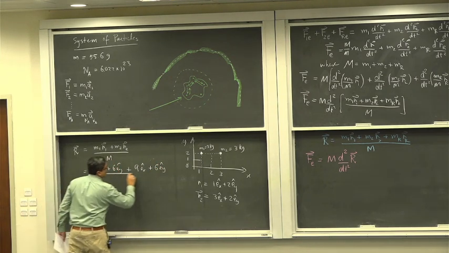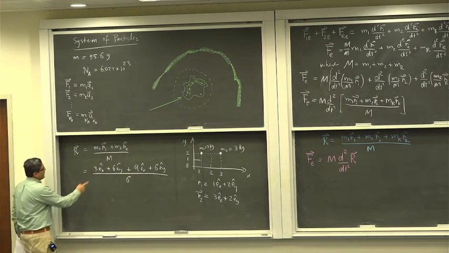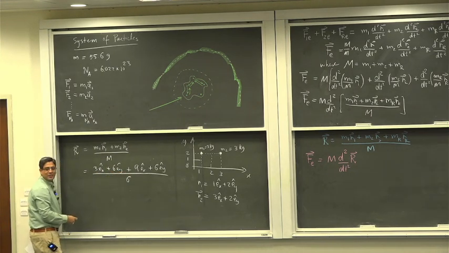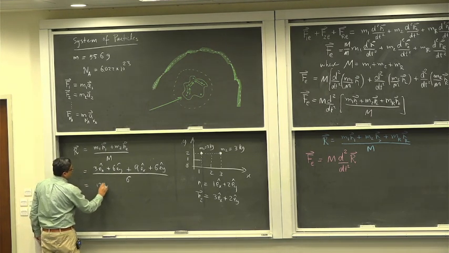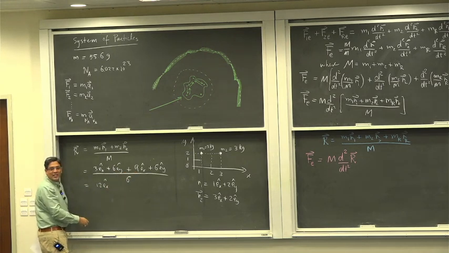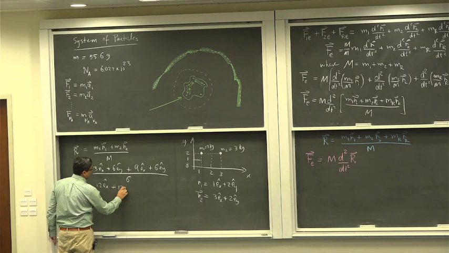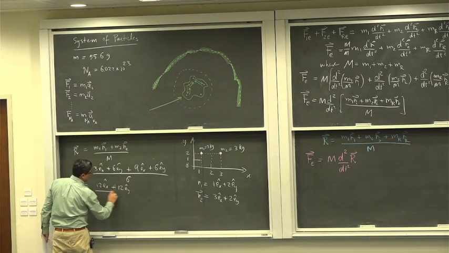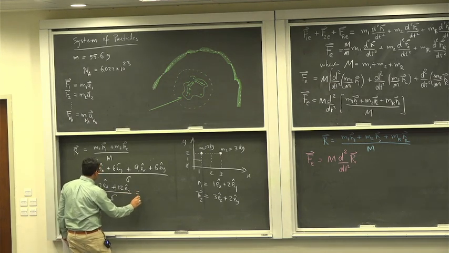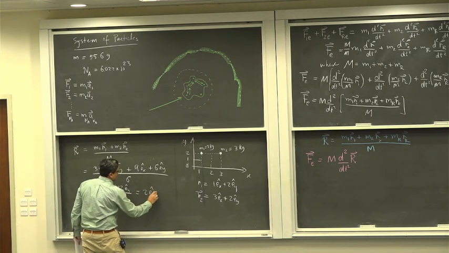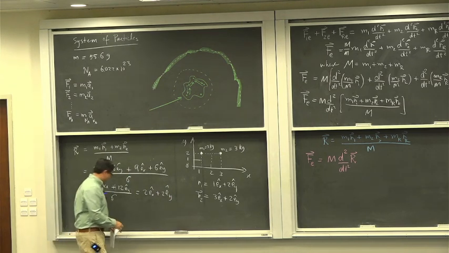Then divided by the total mass, 6. So 3ex and 9ex becomes 12ex, 6ey plus 6ey is 12ey, divided by 6. If we simplify this, it becomes 2ex plus 2ey.